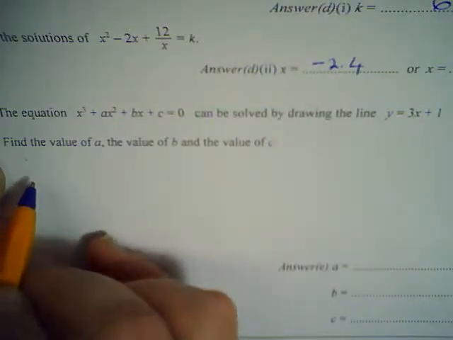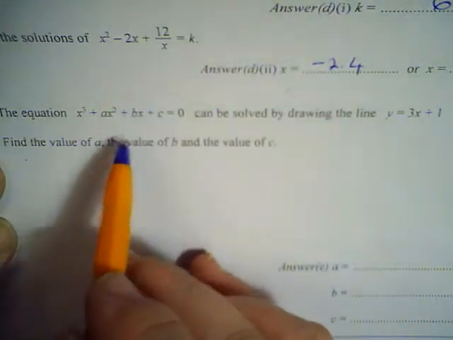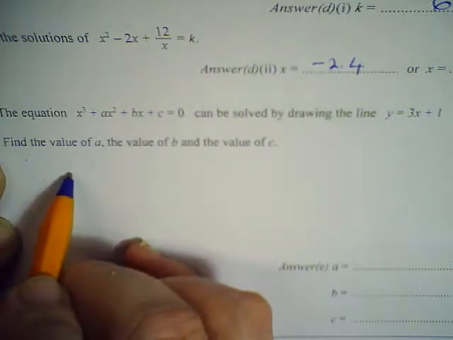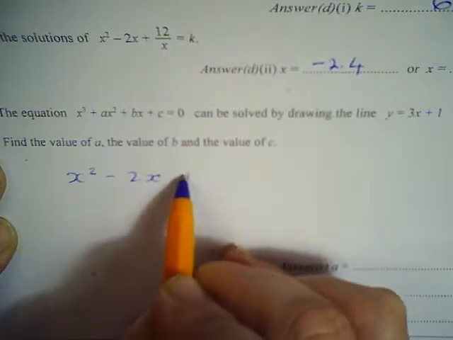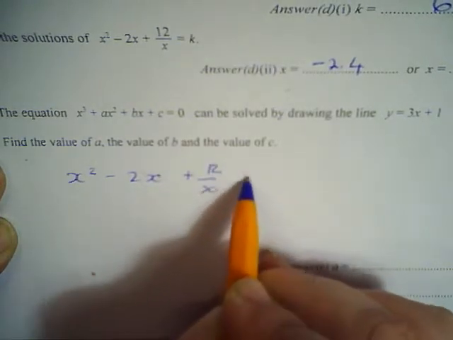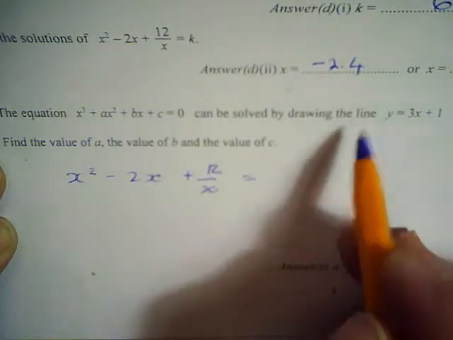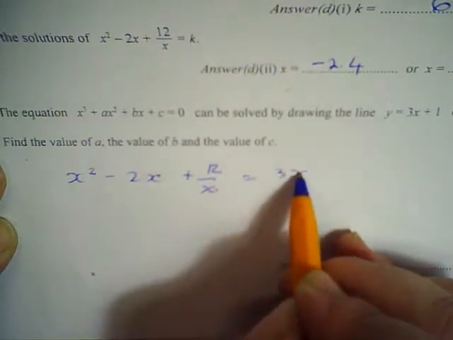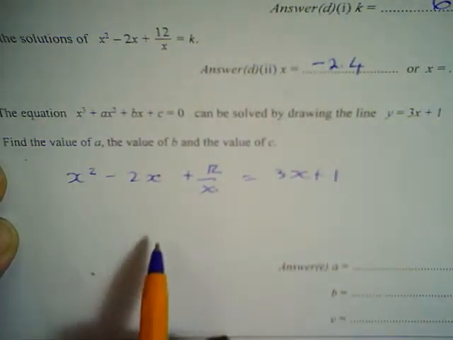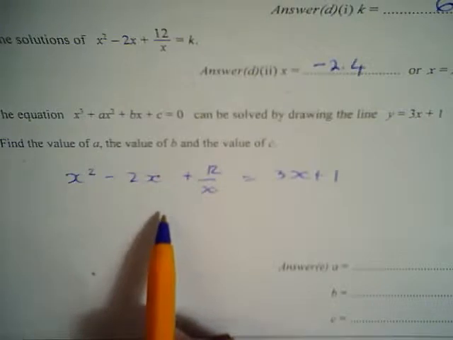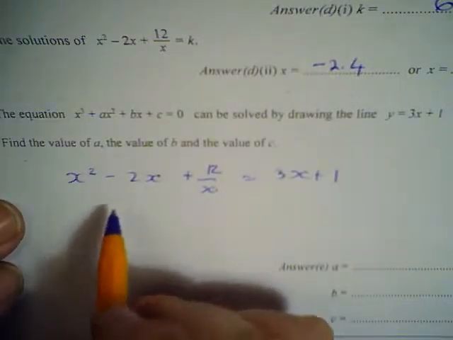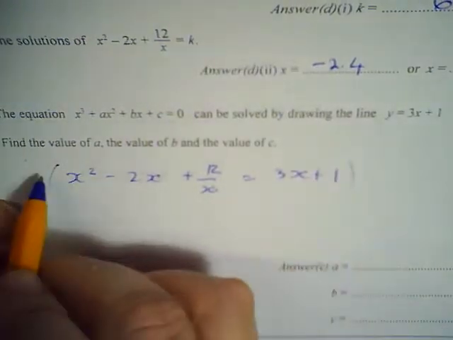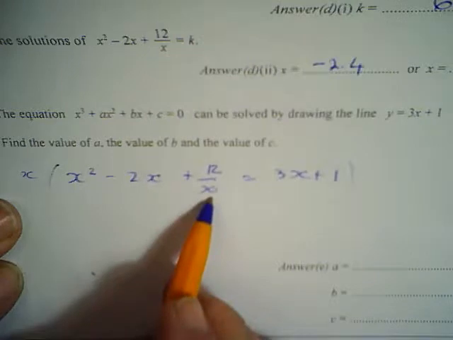I say, well, if I have my equation that I started off with, that I've drawn, so it's x squared minus 2x plus 12 over x, and I set it equal to my line 3x plus 1, and I solve now. I first have to multiply my whole equation by x, because I want to get rid of the denominator.